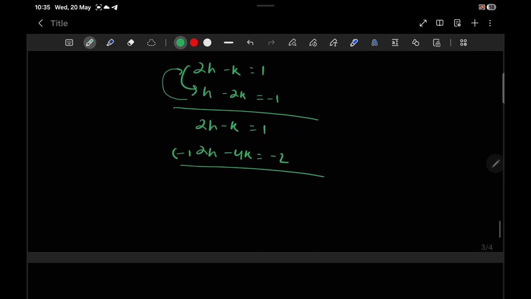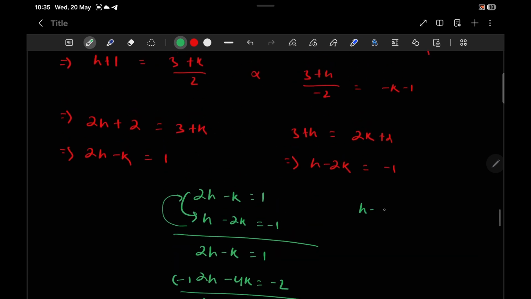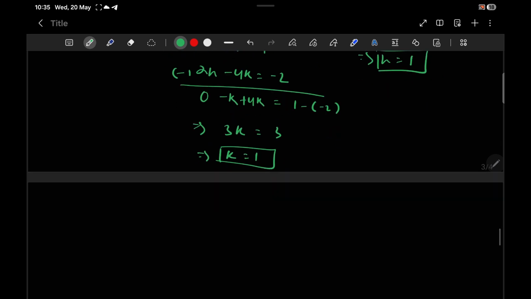So this becomes 0, and this becomes minus k plus 4k is equal to 1 minus minus 2, that is 3k is equal to 3 and k is equal to 1. If k is equal to 1, then h minus 2 into 1 is equal to minus 1, that is h is equal to 2 minus 1, so h is also equal to 1. So we got h equal to 1 and k equal to 1.